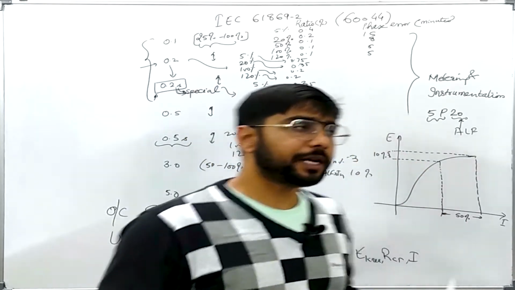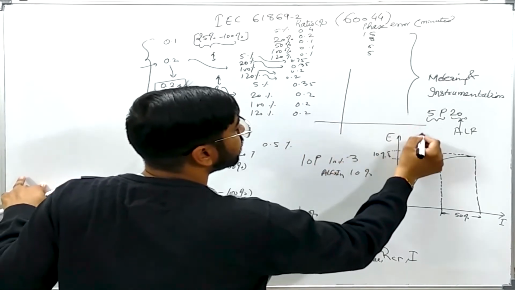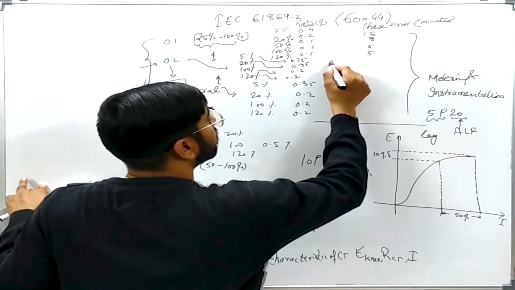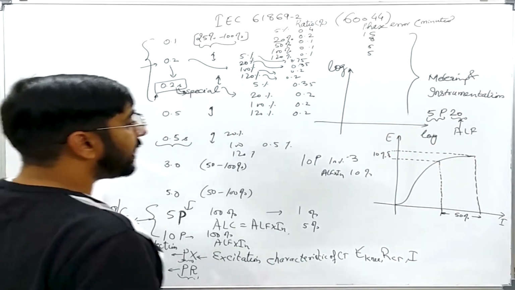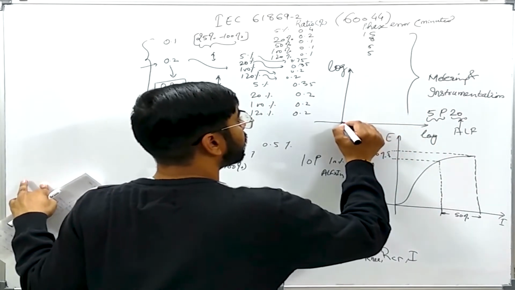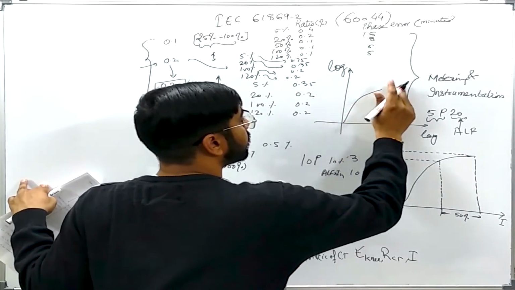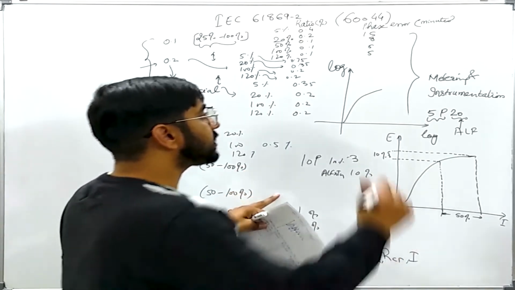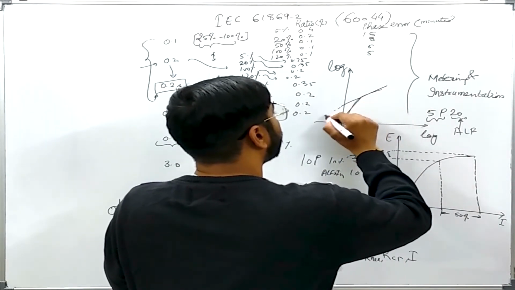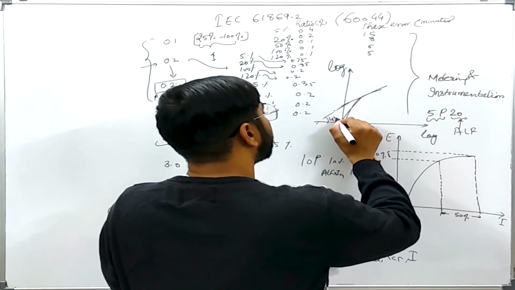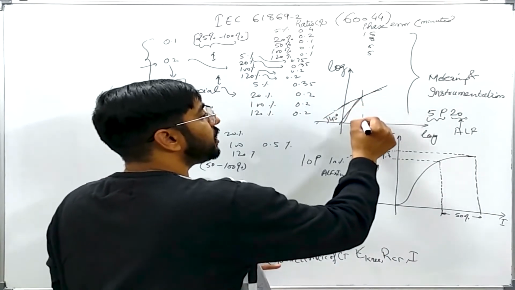As per IEEE, what we do? We plot the excitation characteristics on log scale. Okay, at the point where this curve is having a gradient of 45 degree is known as the knee point.